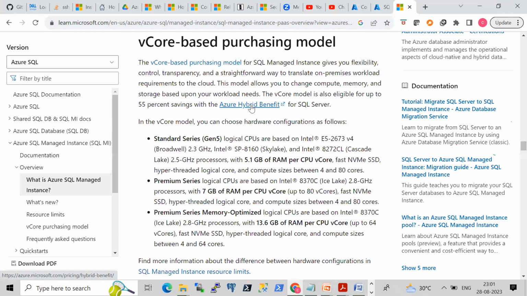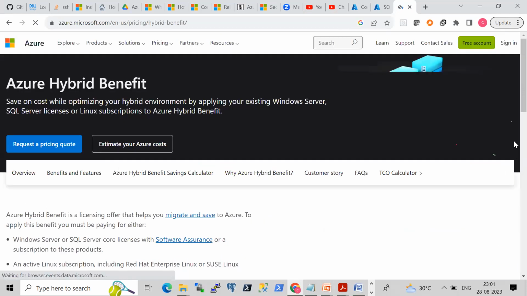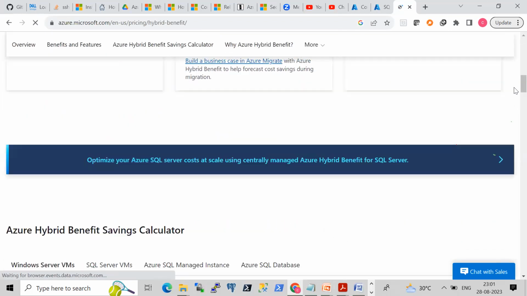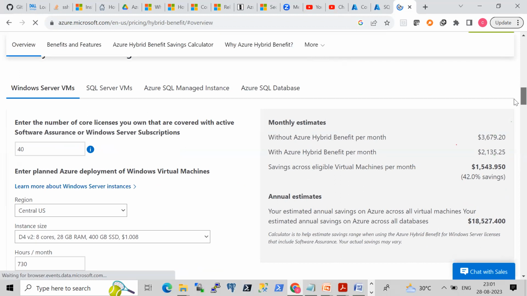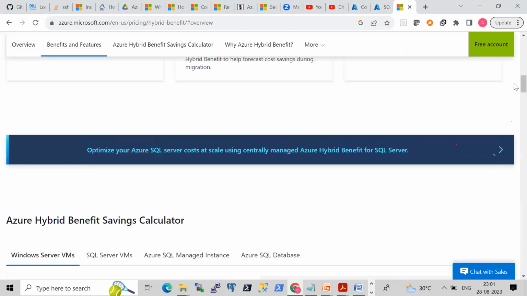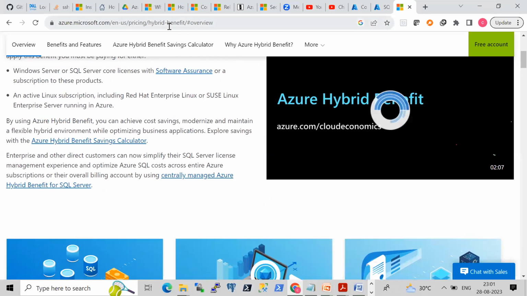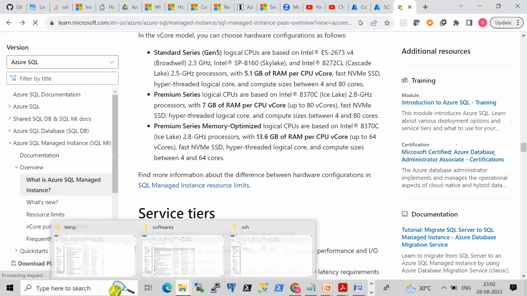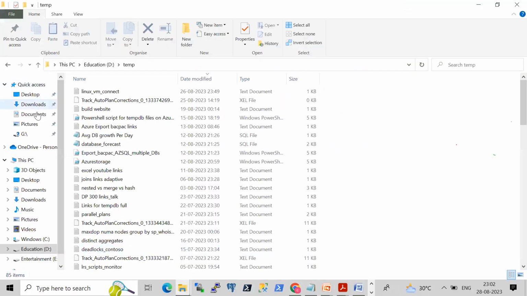Azure hybrid benefit, I think I can get it from here. You can get the cost and all from this pricing calculator. But I read something somewhere and I think it's very important.